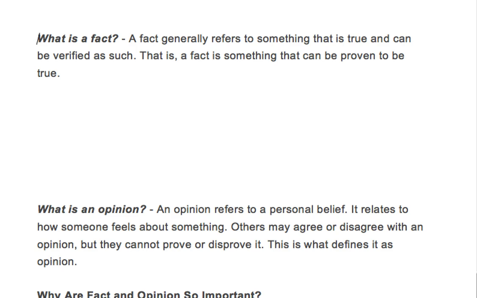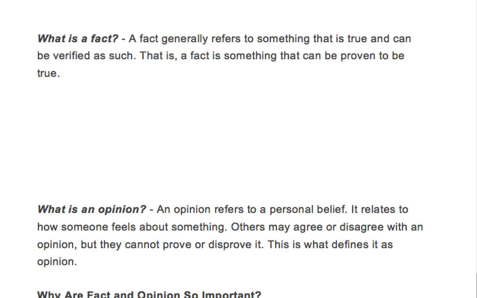Can be true, can also be not true. It relates to how someone feels about something. So people might agree or might disagree with your opinion because they cannot prove it or they cannot disprove it. So this is an opinion.